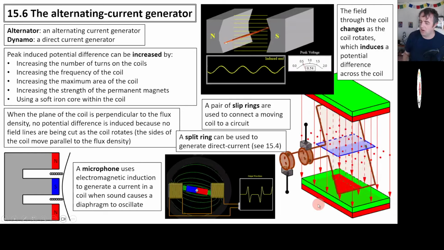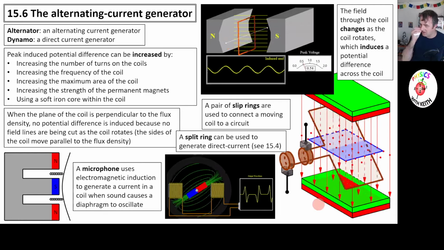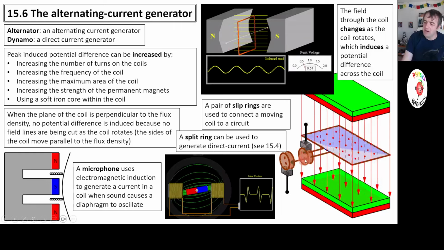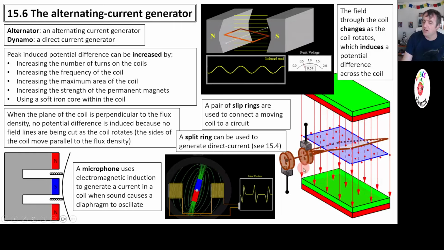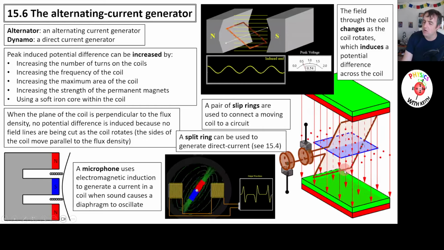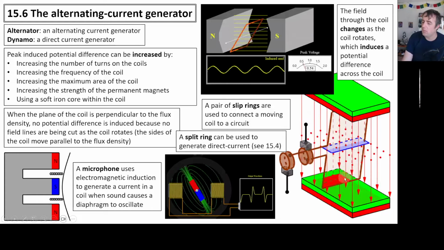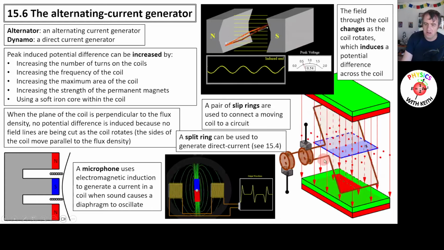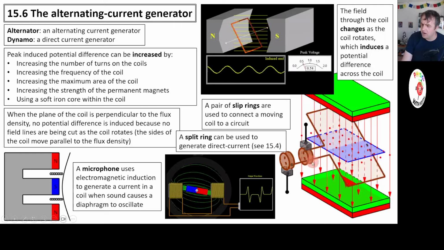So we've now got a continuous generation of AC. It's an alternator. We could use a split ring system and make a DC generator, a dynamo. We could do that, and that would be fine. But this picture just has the slip ring for an AC generator, an alternator as defined by AQA.